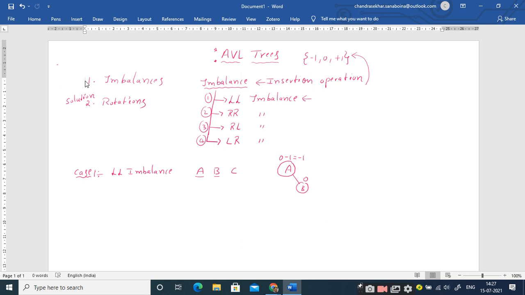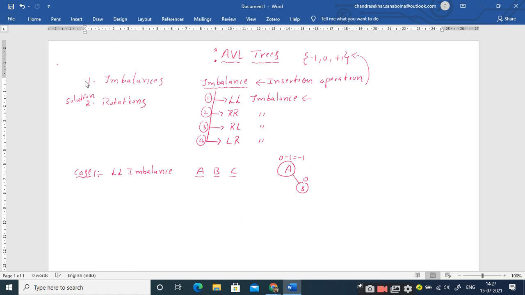You can observe here that 0 and minus 1 fall in the range. These are not threshold values, these are the range of values that are acceptable for a balance factor in the AVL tree. So we don't have any problem, right? Now you consider the third element, that is C. When I want to insert this C inside this BST or AVL tree, C is compared with the root node.